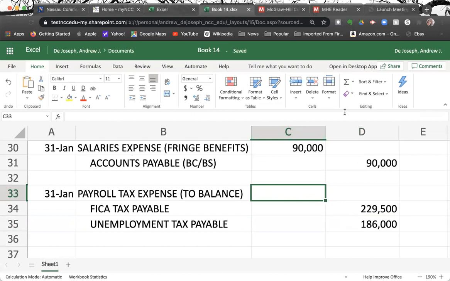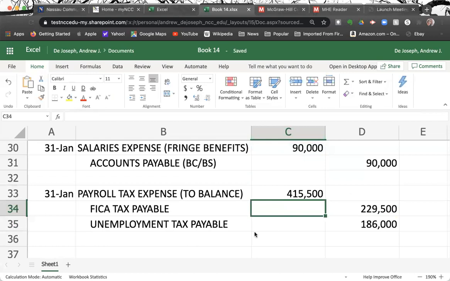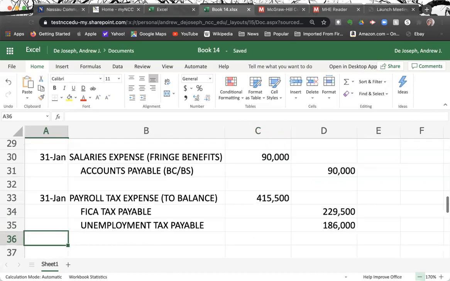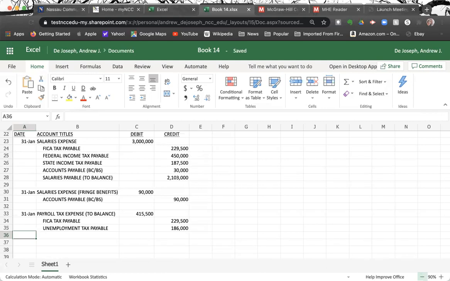I have to add these two numbers together. Right, it comes out to $415,500. So here's the whole problem. Here's what the whole thing looks like.